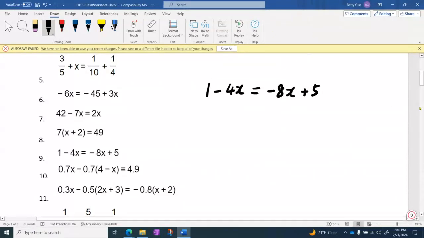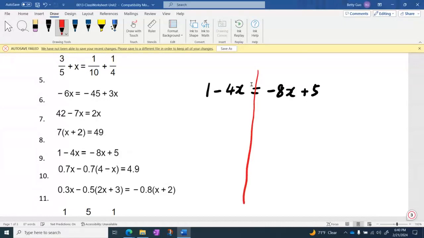When I need to solve a linear equation in one variable, what I would do first is draw an imaginary line here. I use a very bright red line to show you, but you can just use another color.